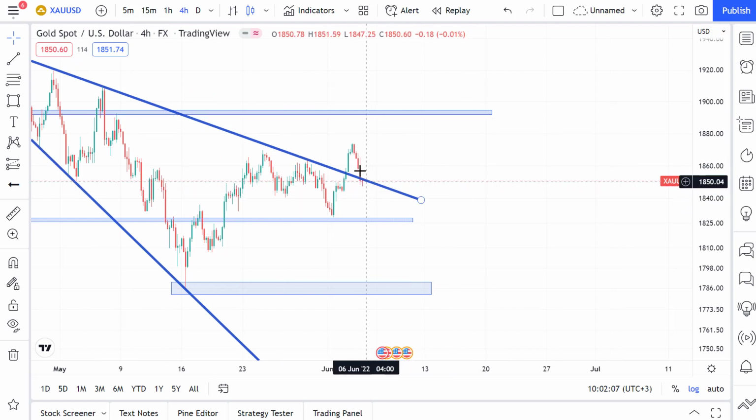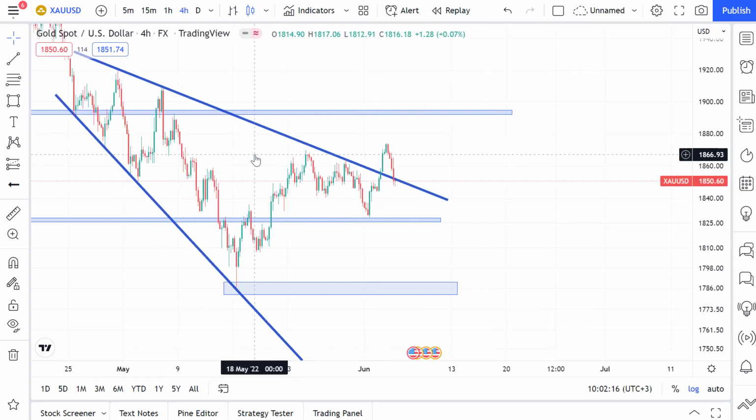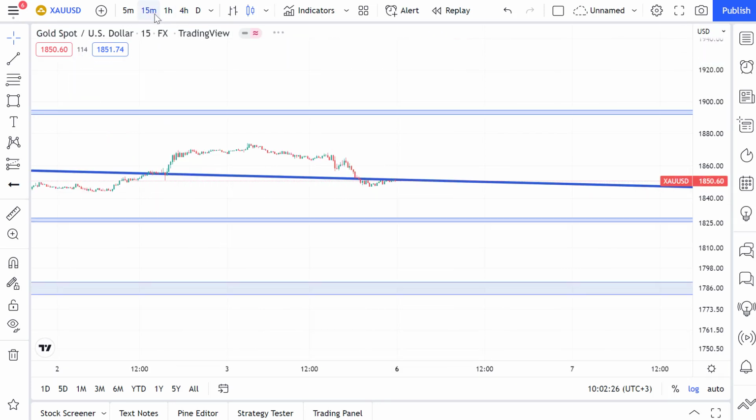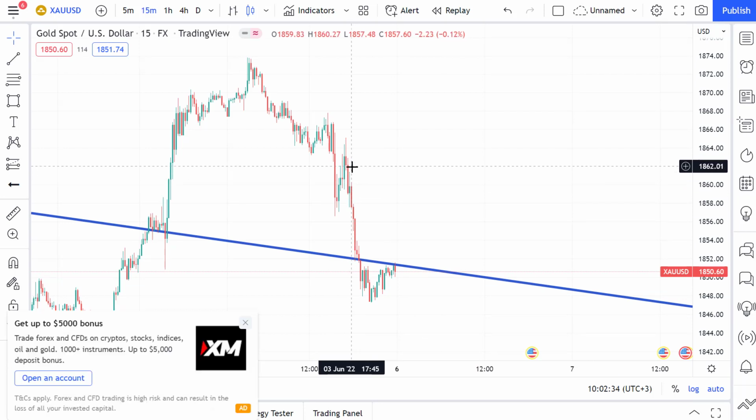You can say there was a breakout, and the price tried to go inside this wedge we had from last week, but it finished with shadows. If you focus on the market in 15 minutes, you can see at the end of the market, it tried to go to this channel again.